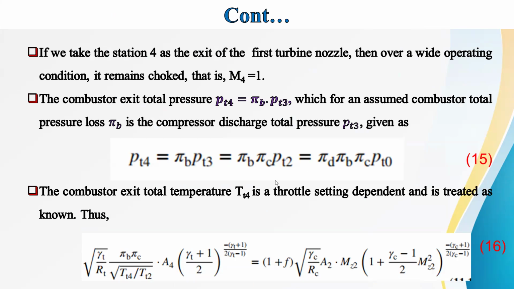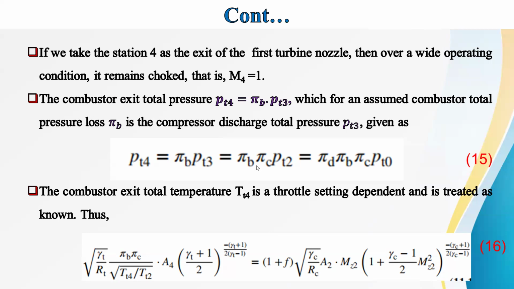There are also other correction factors: pi c is there, pi b is there, pi d is there. So these all are the correction factors. We have T naught, T2, T3, and T4. For T4, we have only pi b.